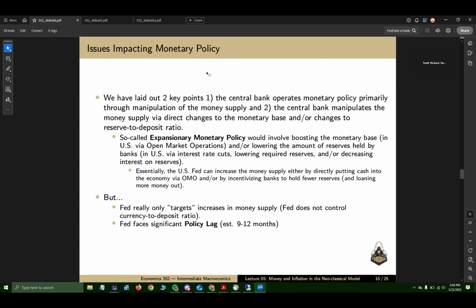They are not a government entity per se, but they have been given this mission by Congress to carry out the dual mandate. So we would think of it as a sort of public-private entity. It is a private institution, but it serves a public good, a public goal. And in particular, that public goal is low, stable inflation and low unemployment.